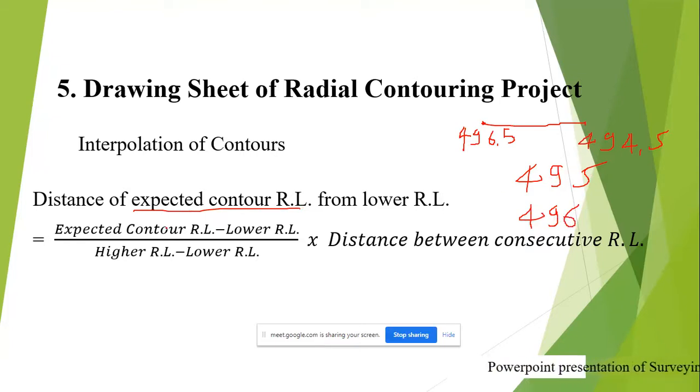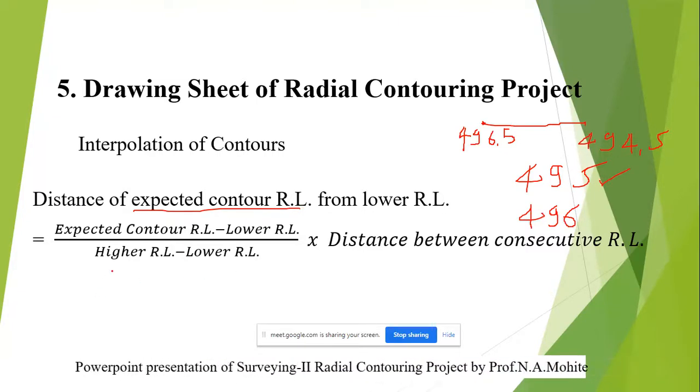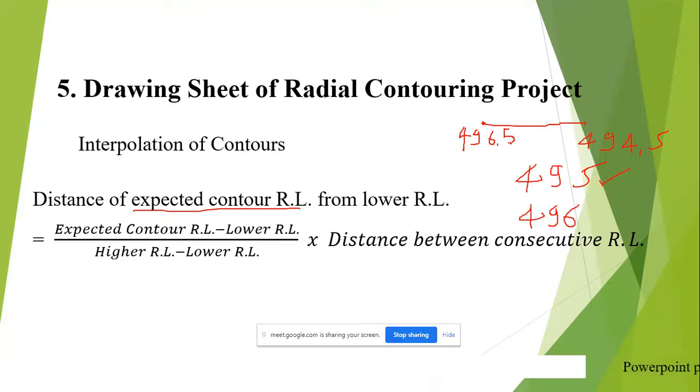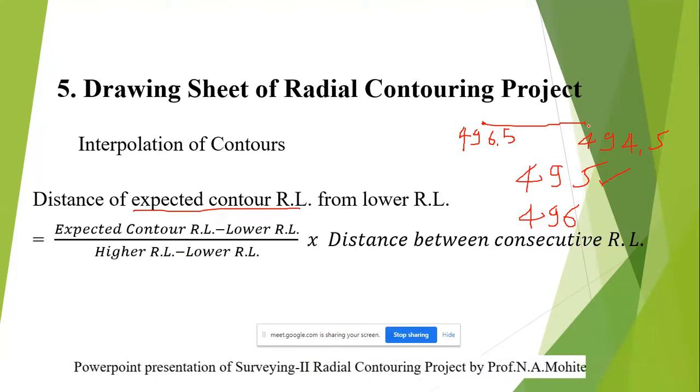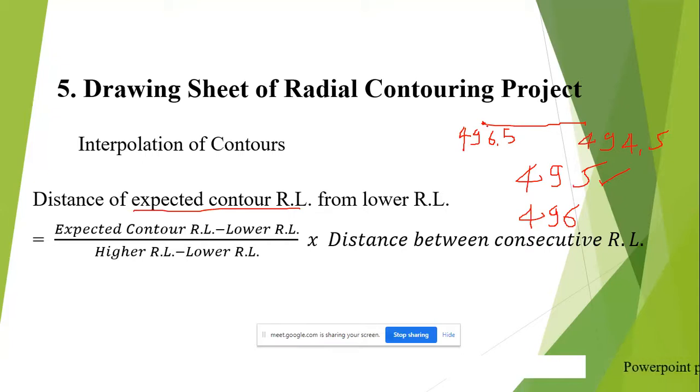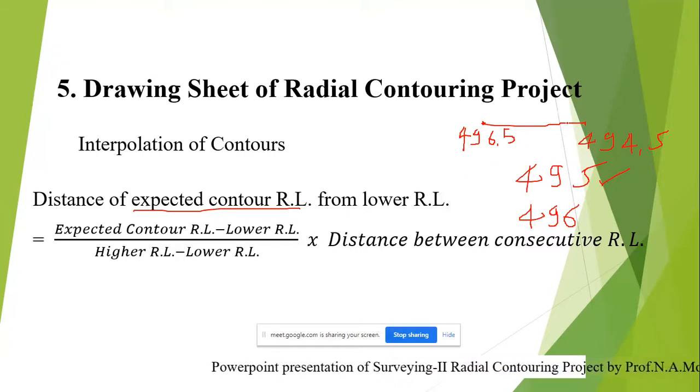For that purpose, expected contour RL will be 495 minus lower, that is 494.5, divided by higher RL, that is 496.5, minus lower RL, again 494.5, into distance between consecutive RL. Whatever distance I have plotted on the drawing sheet, I take that, multiply, calculate the distance and plot it from the lower RL.